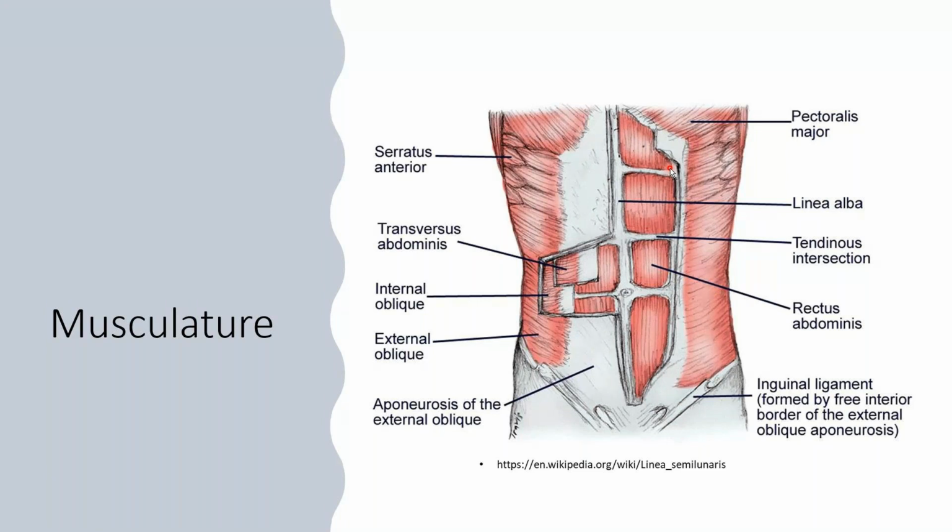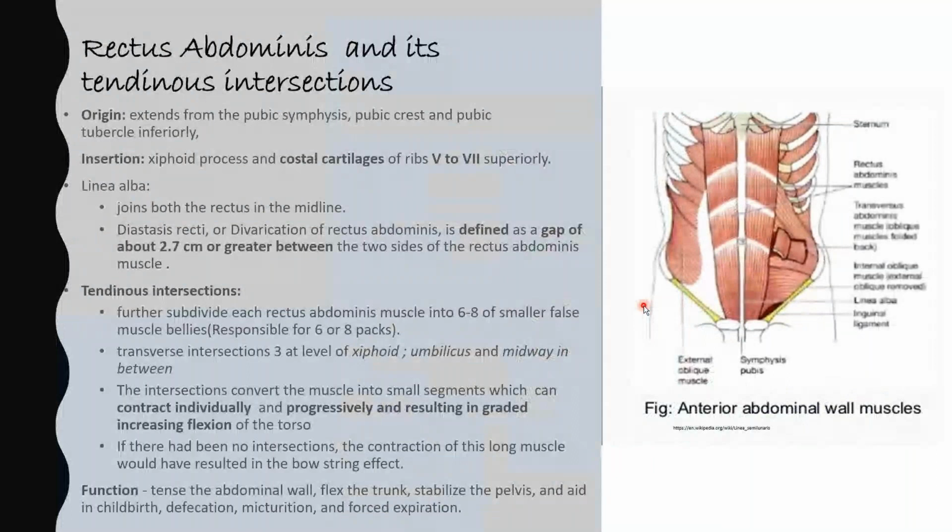But the more important, of course, is the central muscle, the segmented muscle, the rectus abdominis muscle. The reason why rectus abdominis is important is because it has a number of intersections, these tendon intersections, subdividing the muscle into different muscle bellies. Each of them, when they contract in coordination, leads to the prime effect of rectus abdominis.